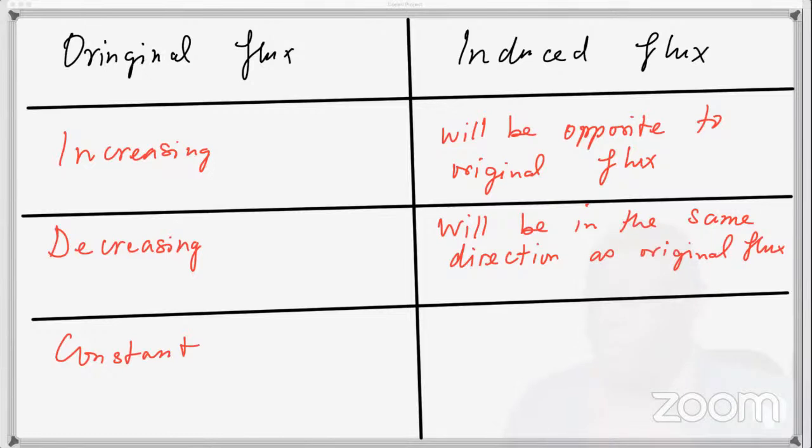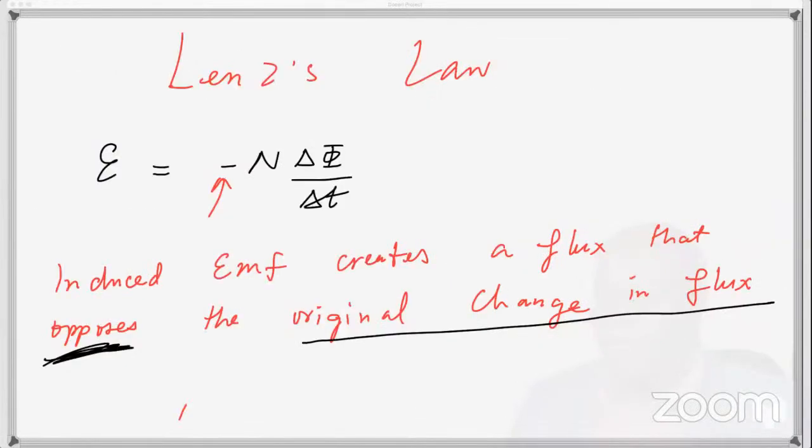If the flux is constant, then there is no induced EMF or induced flux, because according to Faraday's law and Lenz's law, the induced EMF is N times the change in flux divided by delta T. So if the flux is constant, that means the change in flux is 0. 0 times N divided by delta T is 0.